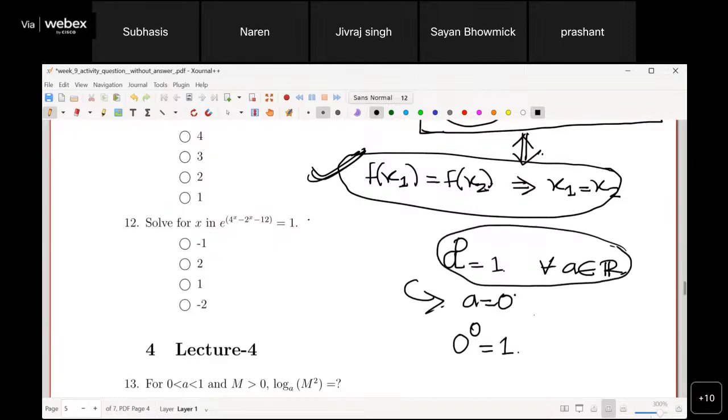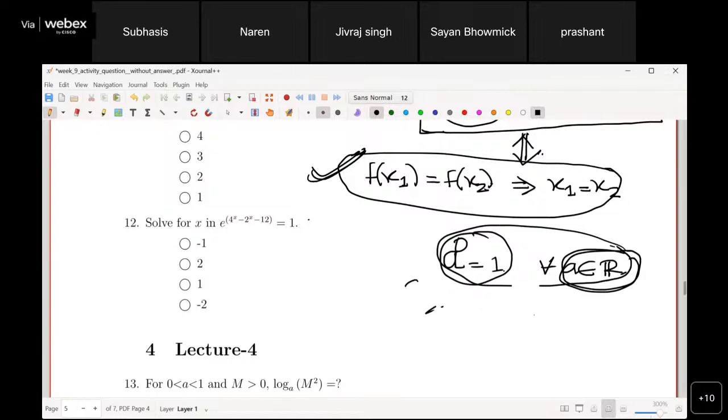Clear? No, sir, it is not clear. What is it basically saying? It's saying a to the power 0 is 1 for all a in R. For all values of a in R, this should be correct. That is what this option is saying.